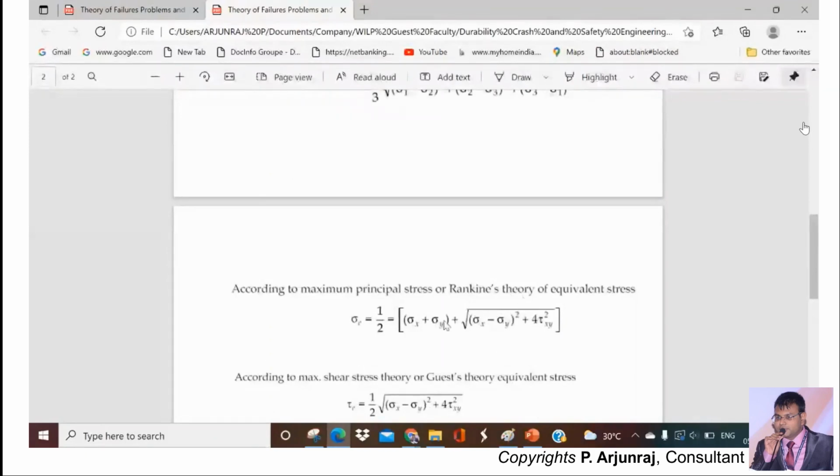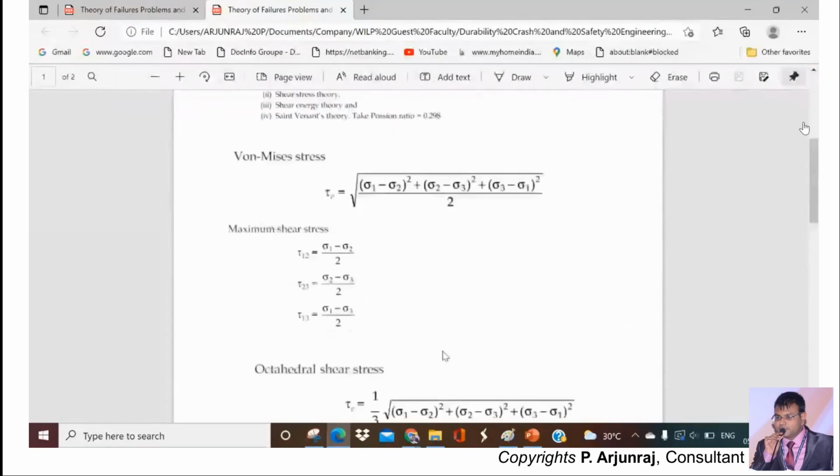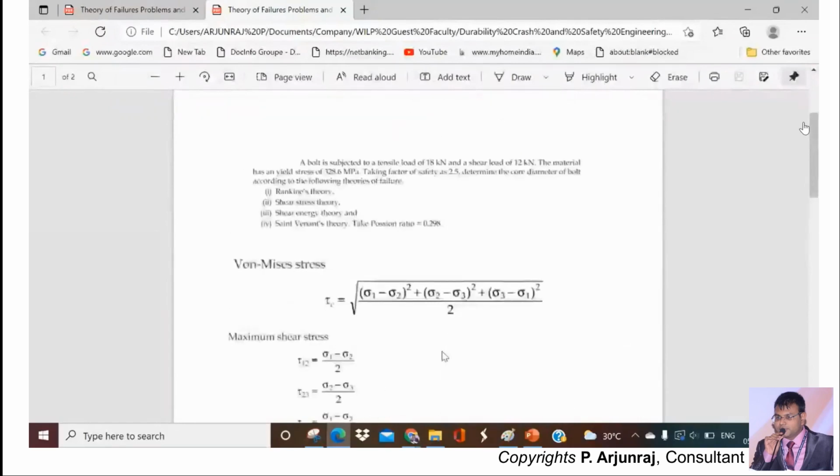So again, you don't need to get confused. It is basically the name of the inventor who created the derivation and made this equation. Similarly, when it comes to some alternate names, you need not get confused.